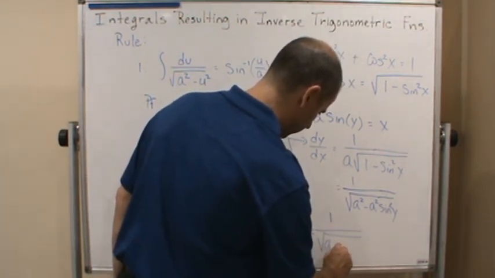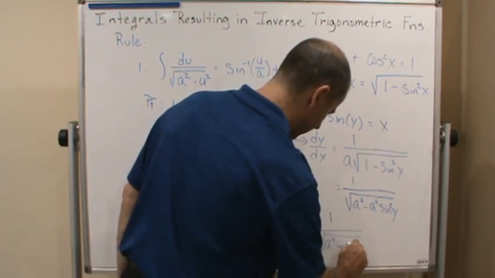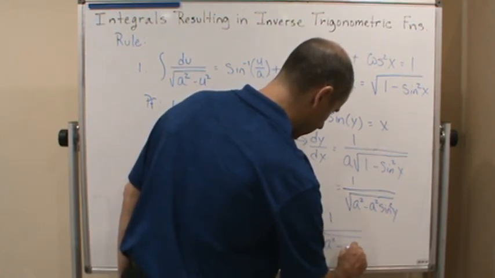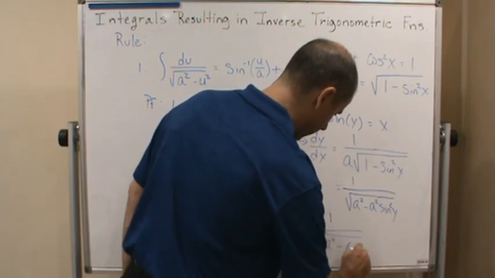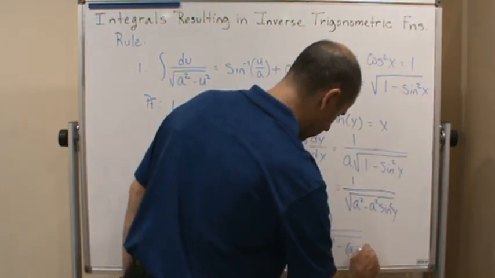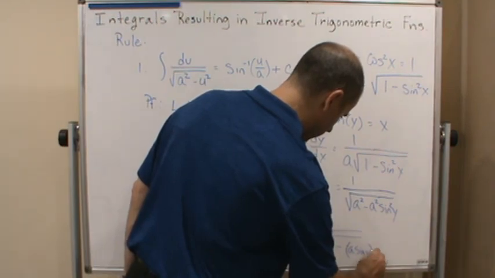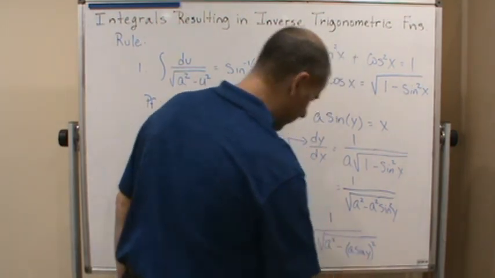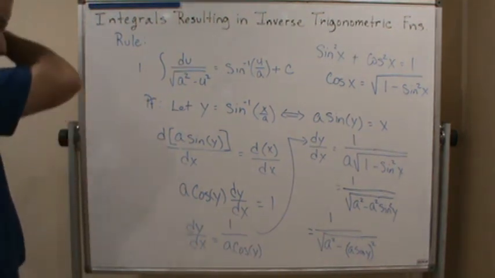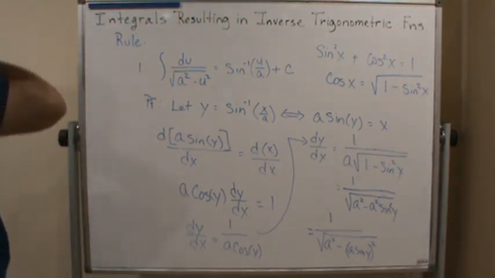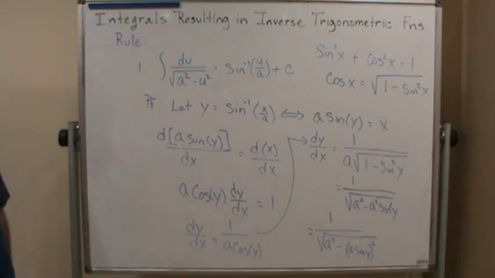Let's simplify a little more: this is a squared minus a sine y, quantity squared. So what's a sine y?